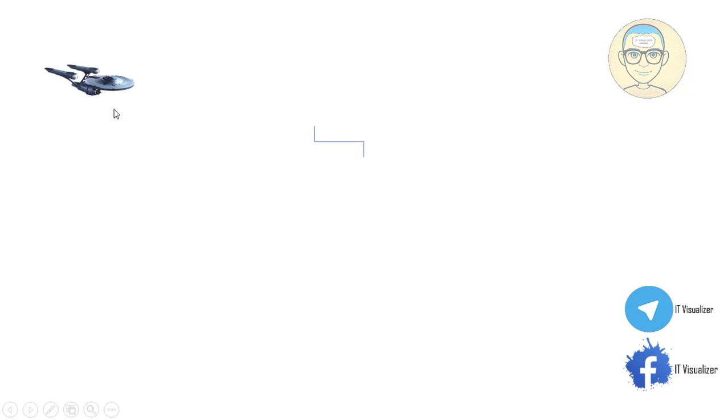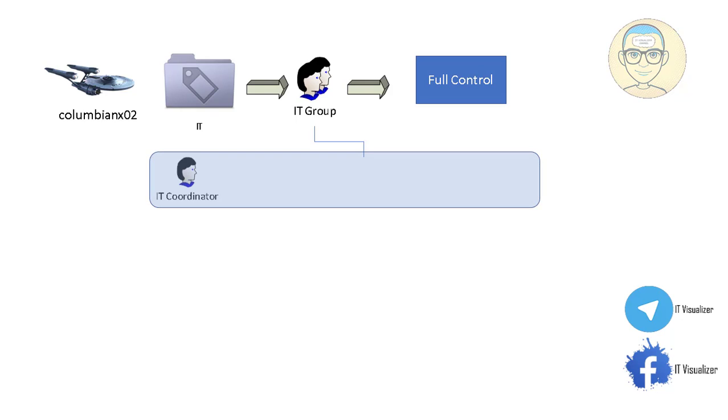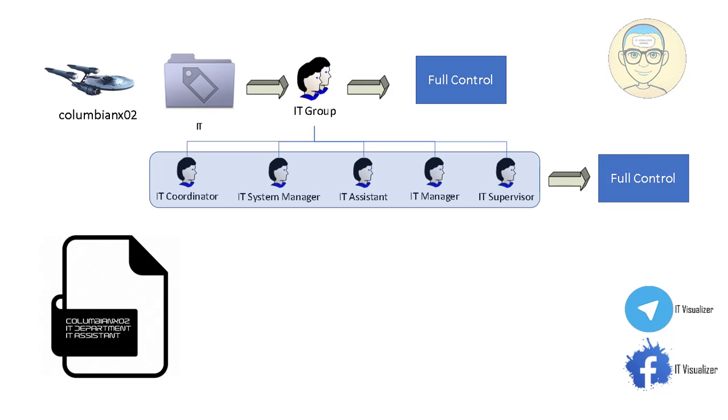For example, this is the location of Colombia ship, and this is the IT folder in the Colombia ship, so we grant the IT group in Colombia access to this folder, and they will have full control. And again, we have IT assistant, coordinator, system manager, IT manager, IT supervisor, all of them are members of this group and will have full control over the folder.